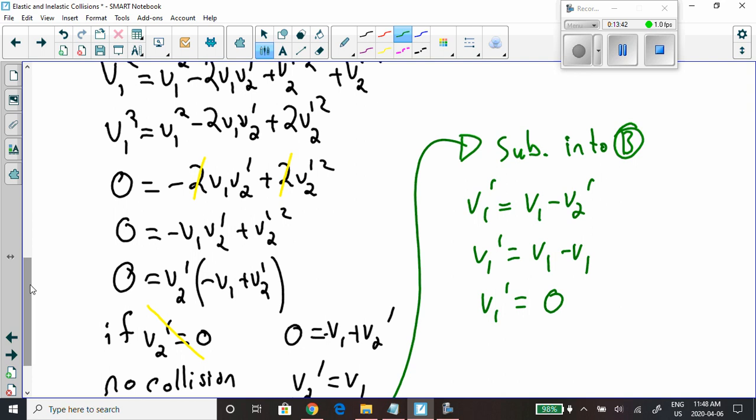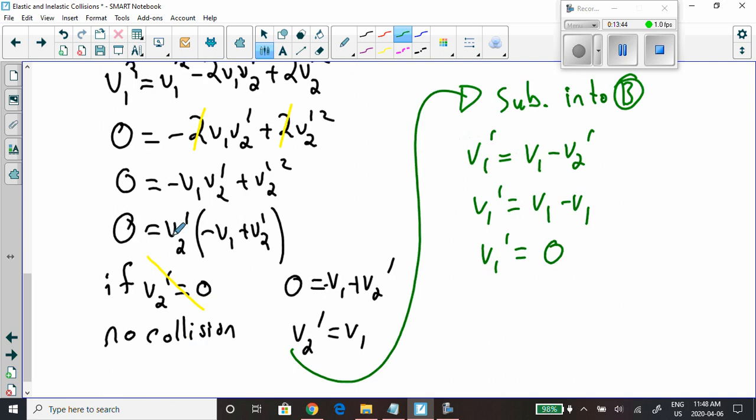What are we going to do next? Well, we notice we can factor out a v2 prime. So I'm going to factor out a v2 prime out of each one of them, and I'm left with a negative v1 here and a positive v2 prime right there. And they both have to equal 0. All right? So the only way you can get 0 on this side is if v2 prime is 0, or if what's in the bracket is 0: 0 is equal to negative v1 plus v2 prime.